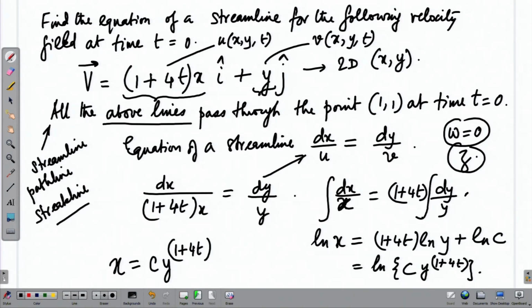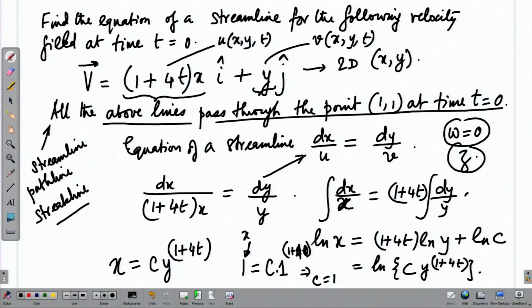And then using the initial condition that the streamline passes through 1 1 at t equal to 0, the value of the integration constant can be obtained. The initial condition gives us x equal to 1 equals c times y, which is 1, to the power of 1 plus 4 into 0, because t is equal to 0, which means c comes out to be 1.